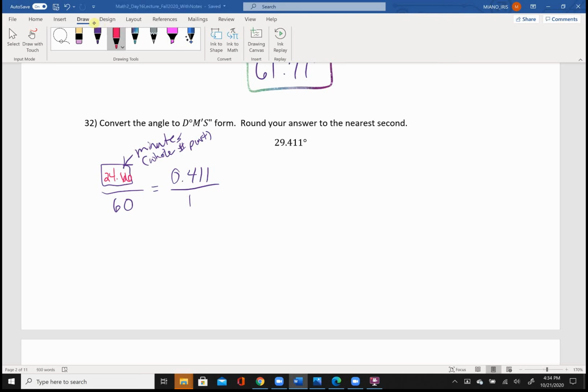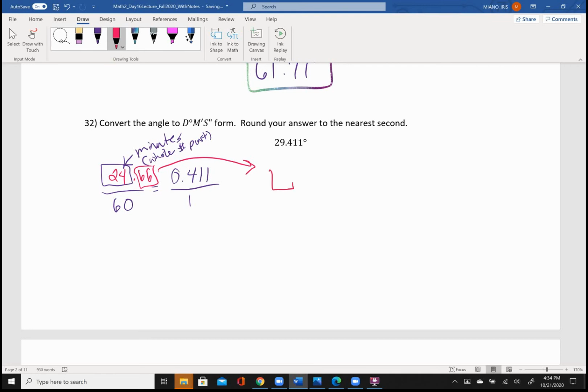Or actually, hold on, let me do this a little bit more of a slicker way. Watch this. The 24 goes here, and the 0.66 is going to be transferring over to this other proportion that you're going to set up.